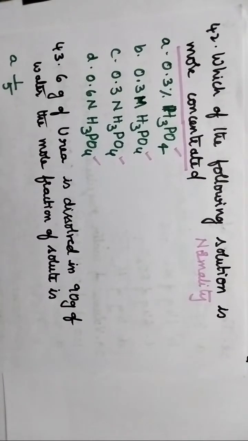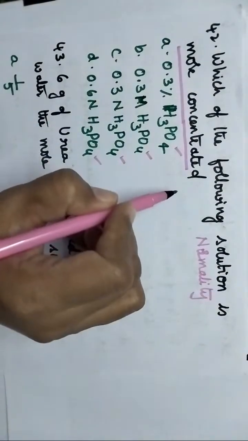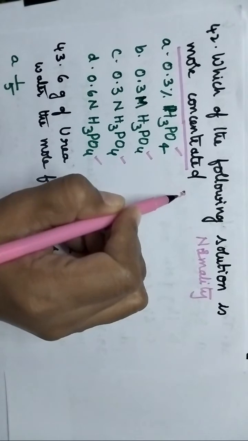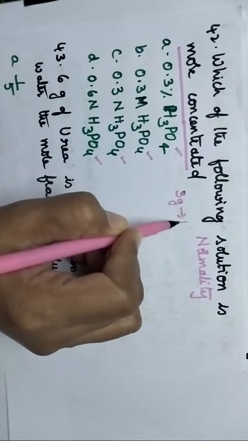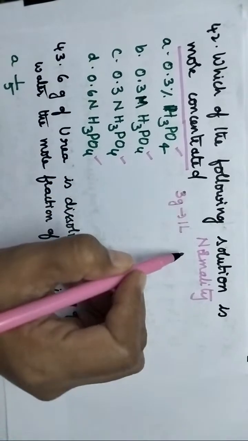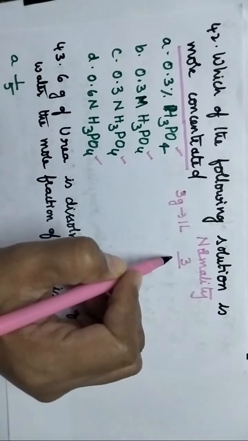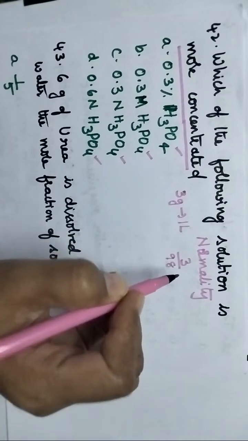So 0.3% phosphoric acid means 3 grams is present in 1 liter. 3 divided by the gram molecular weight of phosphoric acid, which is 98.